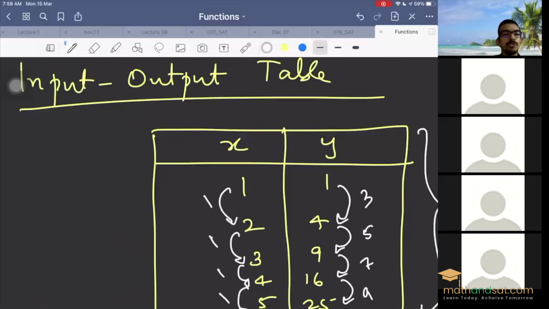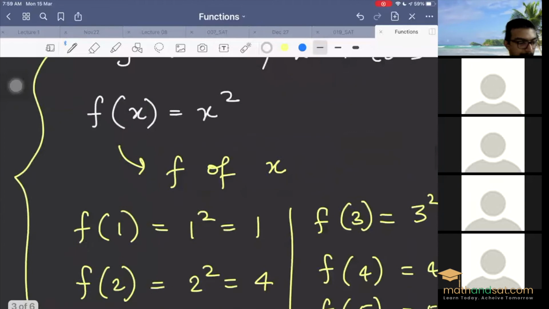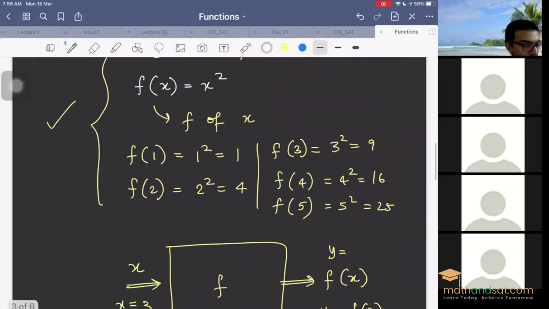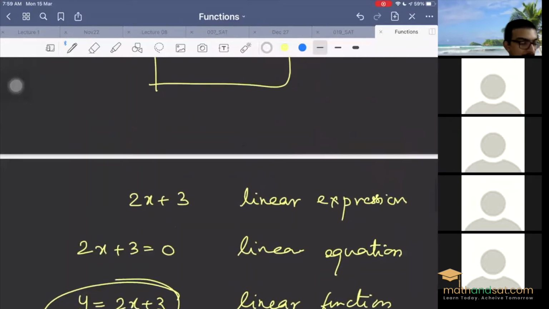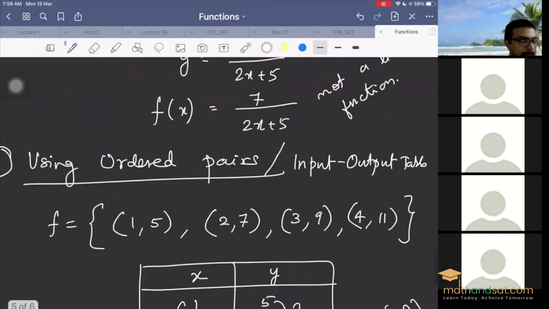Yes. So you know how to figure out that a function is linear from its function rule, from an equation that represents the input-output relationship, and from the table.